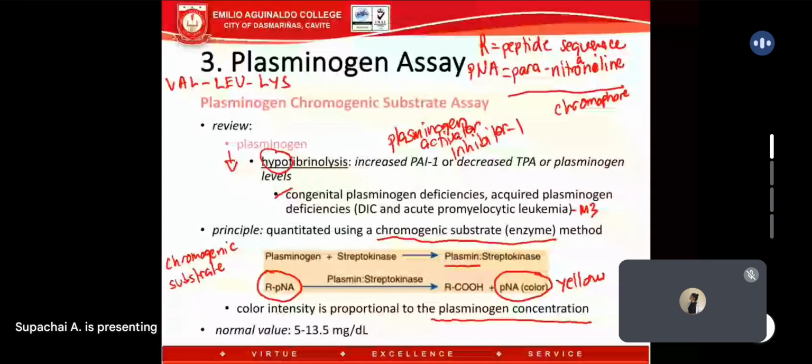Now, the color intensity is proportional to the plasminogen concentration. Meaning, the darker or the more intense the color is, the higher the concentration of plasminogen. Having said that, the normal value of plasminogen is between 5 to 13.5 milligrams per dL.